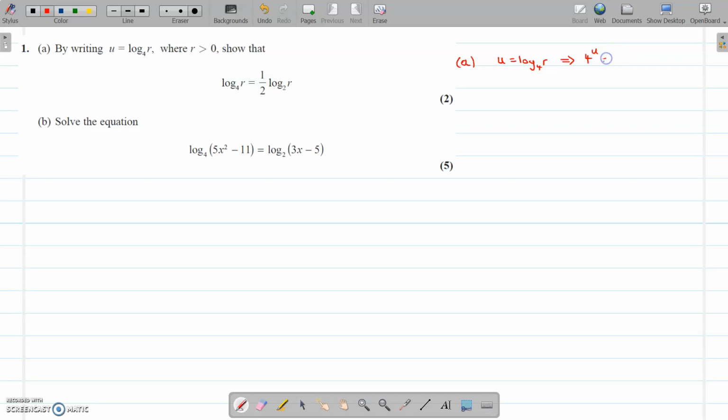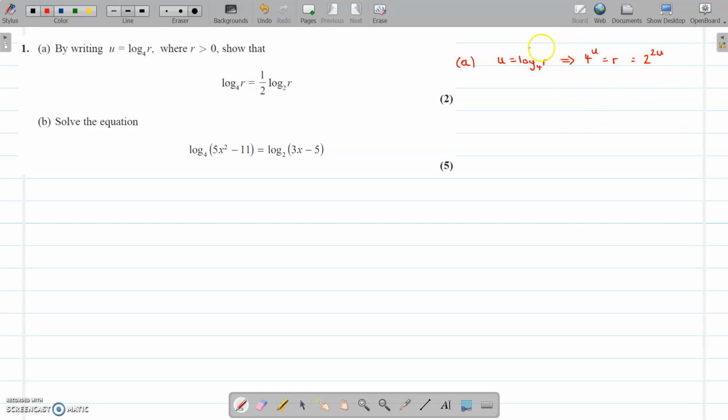Okay, by definition. And I'm going to now write the 4 as a power of 2. So I can also say that that is equal to 2 squared to the power of u, which of course is the same as 2 to the power of 2u. Okay, so that's my starting point.